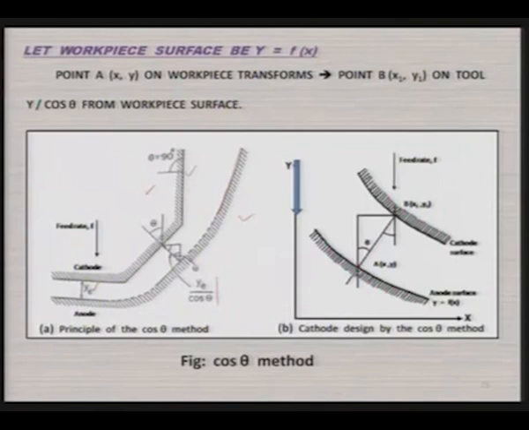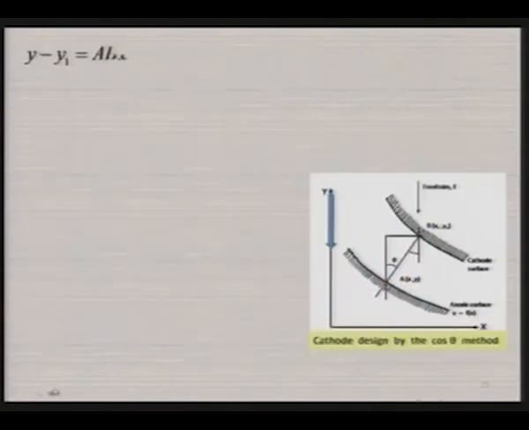So, for this particular condition, point A is transformed as point B. That means point B will give the workpiece surface as point A. Here the coordinates of A are x, y and the coordinates of B are x1, y1, and y is increasing in this direction and x is increasing in this direction. This is the point to be taken care of, which is shown over here by the feed direction. So, we have to keep this in mind while discussing this particular method.